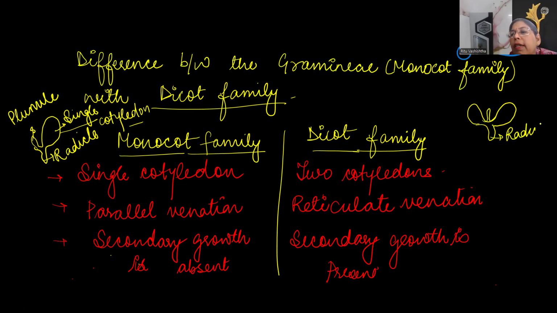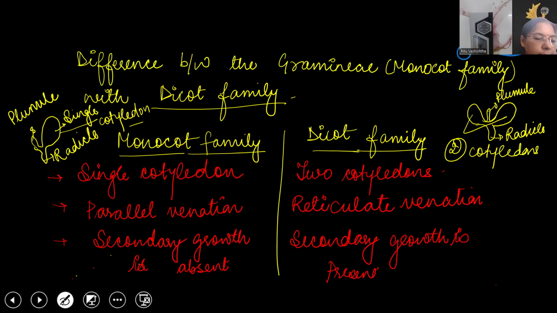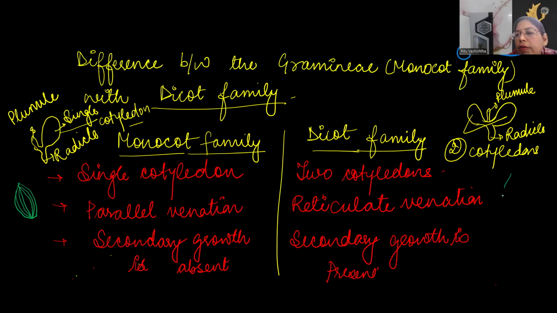Here there is presence of two cotyledons. We have already discussed the venation also: here parallel venation is present, and all the veins run parallel to the midrib. Here, this is the midrib, and veins and veinlets are present, forming a network. So that's why we term it as reticulate venation.